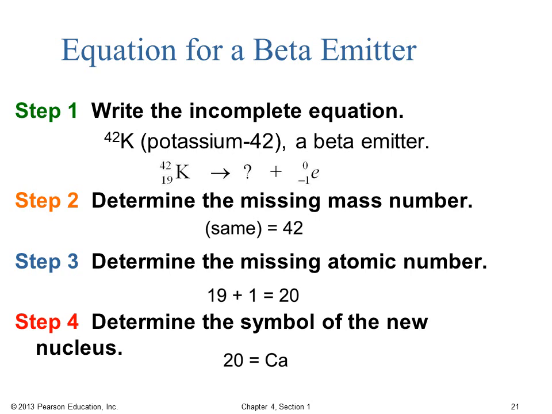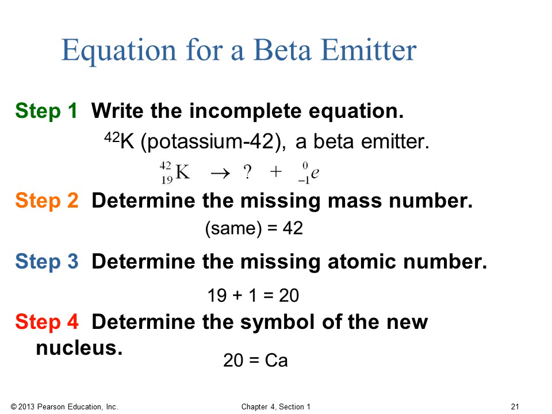And so if we were trying to write the equation for the beta decay of potassium-42, we can just first write out the incomplete equation. So we have potassium, which is K, and 42 is the mass number, so it goes on top. And if we look on the periodic table, K is found at number 19, so it's got an atomic number of 19.